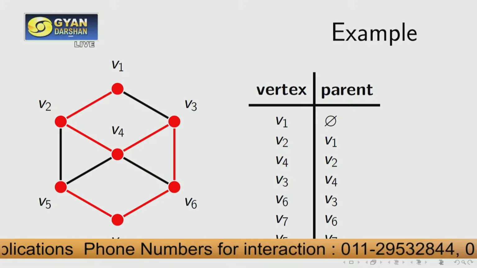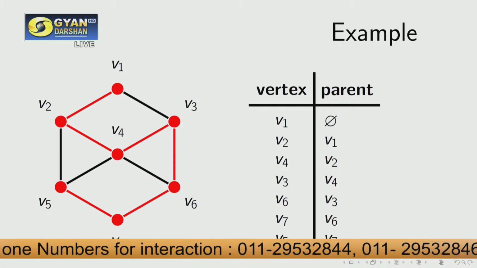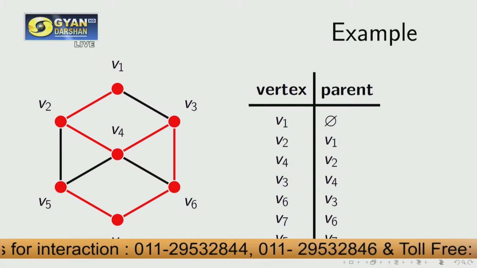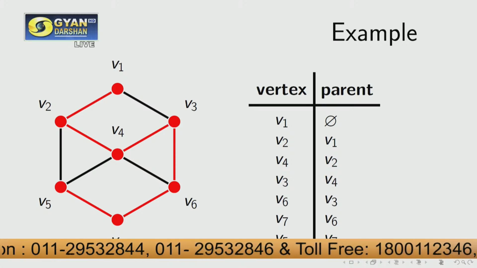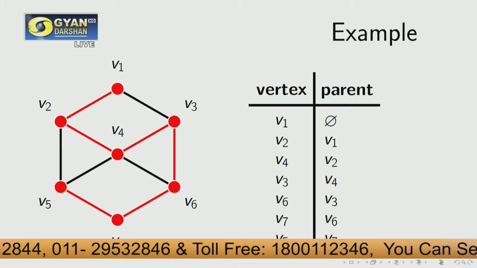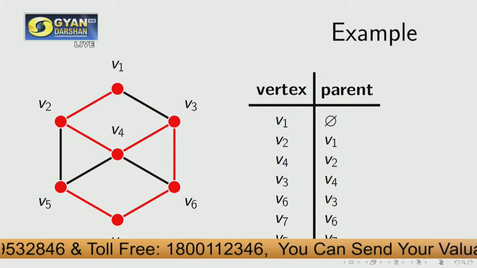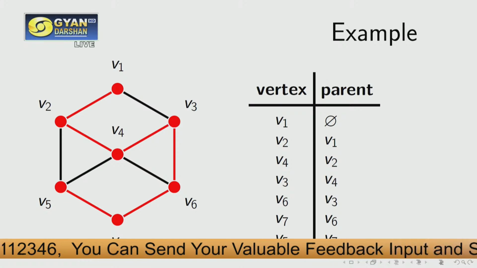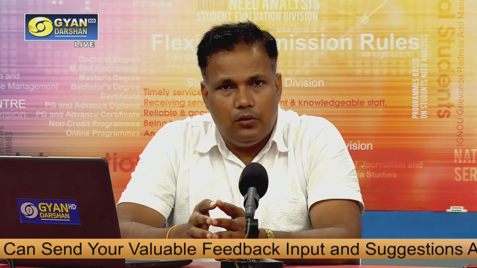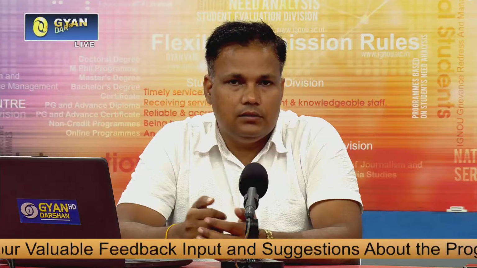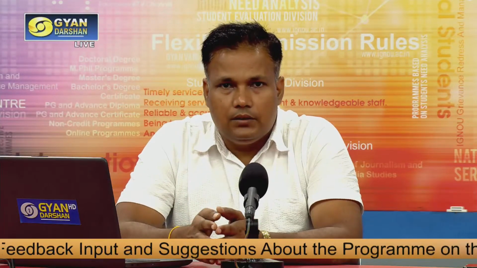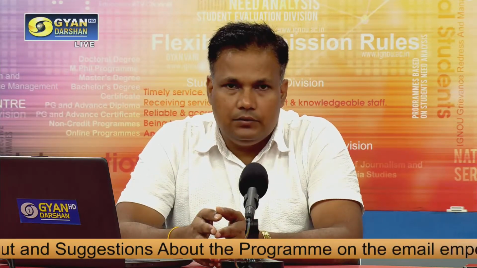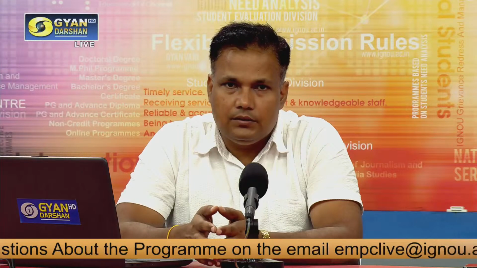There are many interesting results which use this information, and this was one of the applications of the DFS algorithm. There are many other applications which are not possible to discuss in this small session, but we may discuss them in some other session.